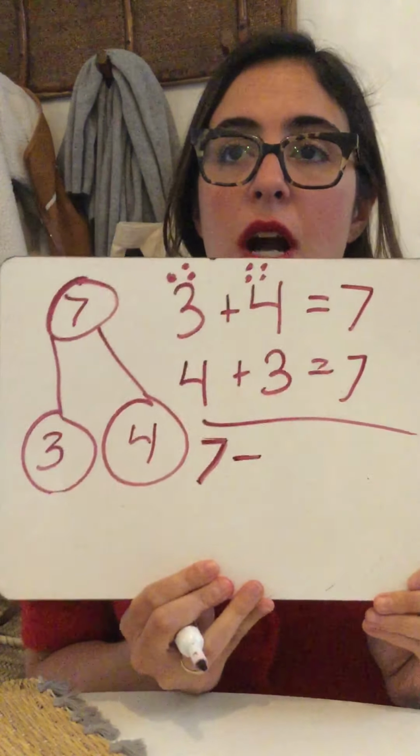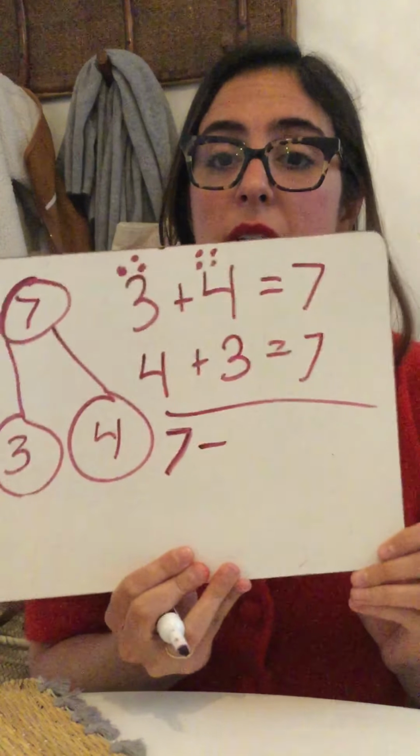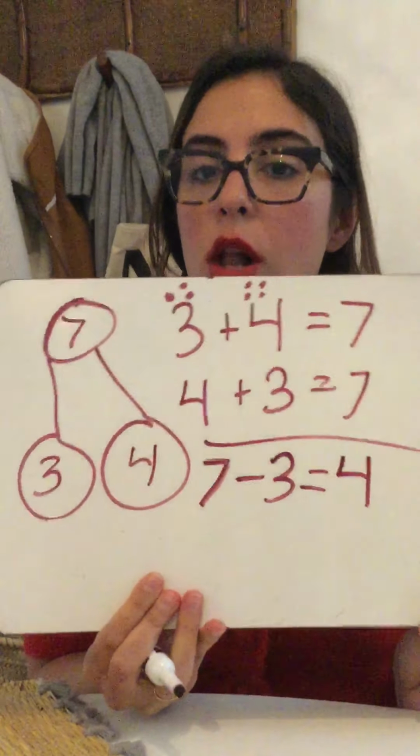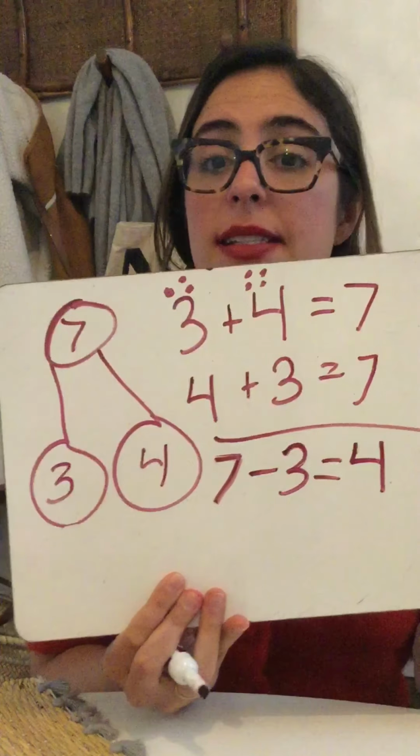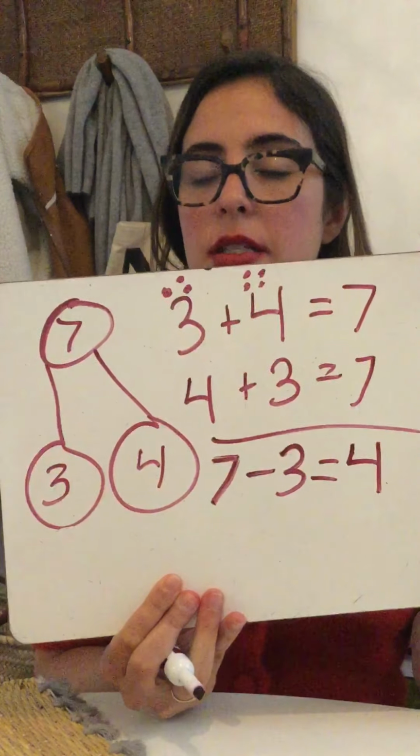And remember, our whole number is 7. So we're going to start with our whole number, take away our first part, let's take away 3, and we're left with our second part of 4. So again, whole minus part equals part. 7 minus 3 is equal to 4.